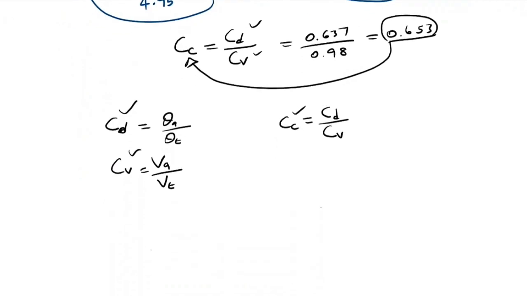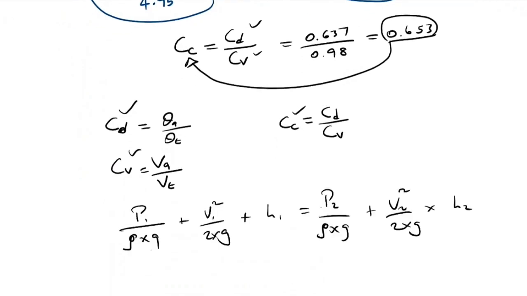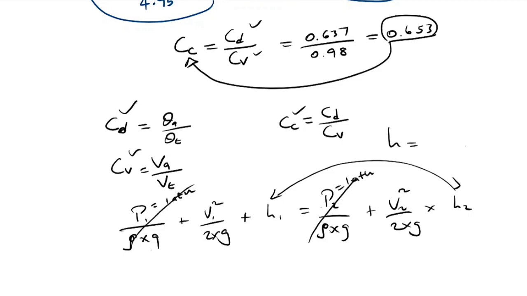When you take Bernoulli's equation, it's like this. Both of these give you a pressure head. It's height 1 minus height 2. Because pressure 1 is 1 atm and pressure 2 is 1 atm, this cancels, and the velocity here on top is equal to 0.